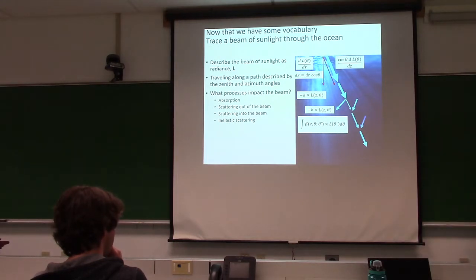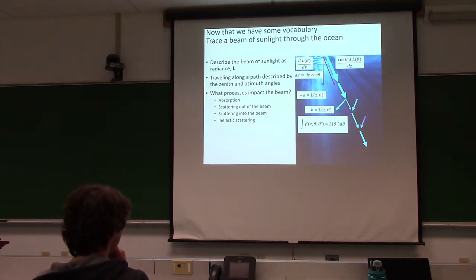And I need to know how that material absorbs light and all the wavelengths that it absorbs. And then fluorescence emission has some angular distribution, so I have to keep track of that too.